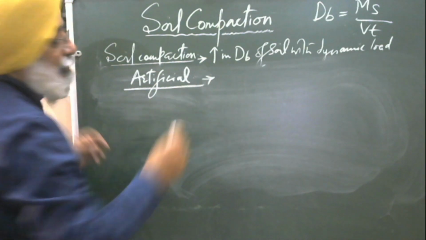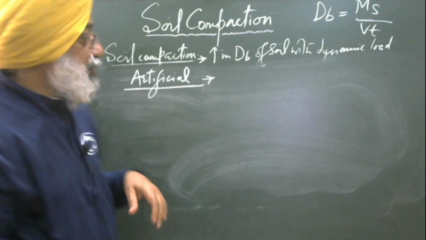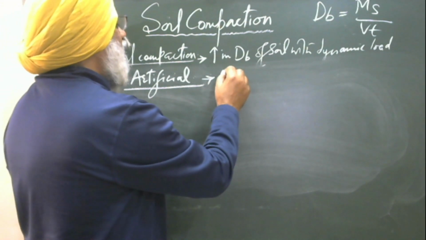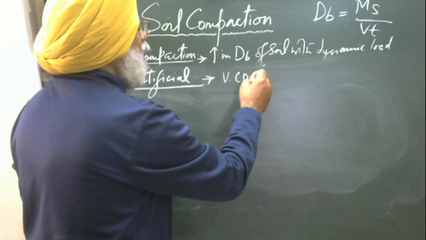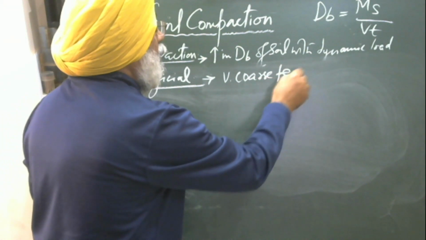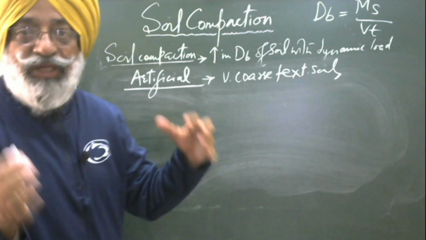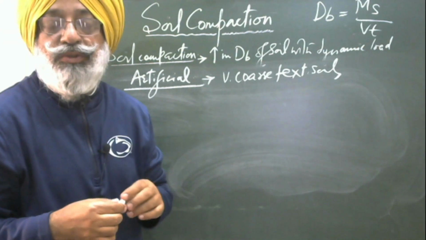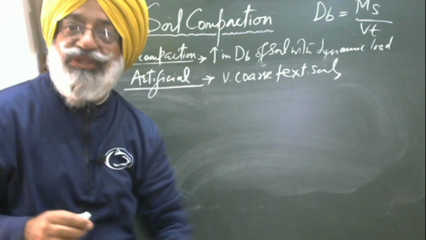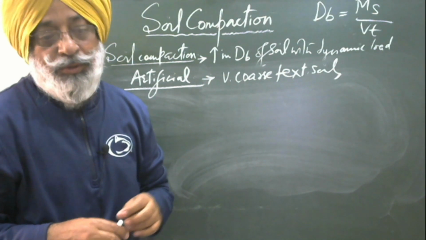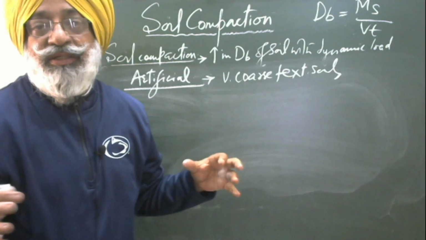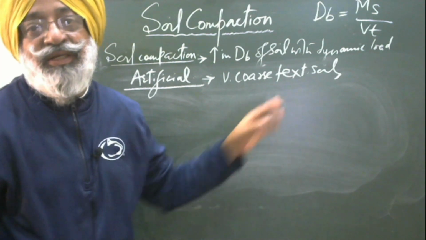In artificial compaction, sometimes you have very coarse textured soils. And the main issue with very coarse textured soil is when you apply irrigation, the water immediately moves out of the root zone and it gets dried up. You have to frequently irrigate such soils.